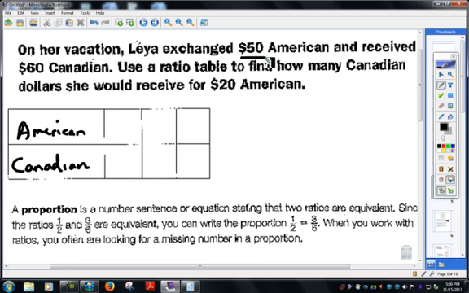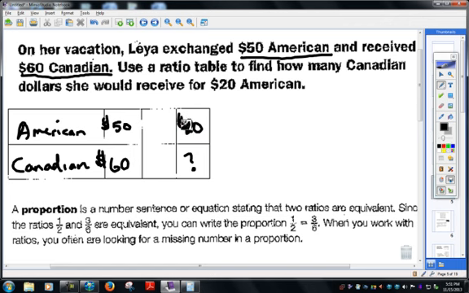We knew the ratio was $50 is $60. So that's the given ratio. So $50 to $60. Now, it wants to know how much Canadian, so this is what we're going to try to find out, would be if I had $20.